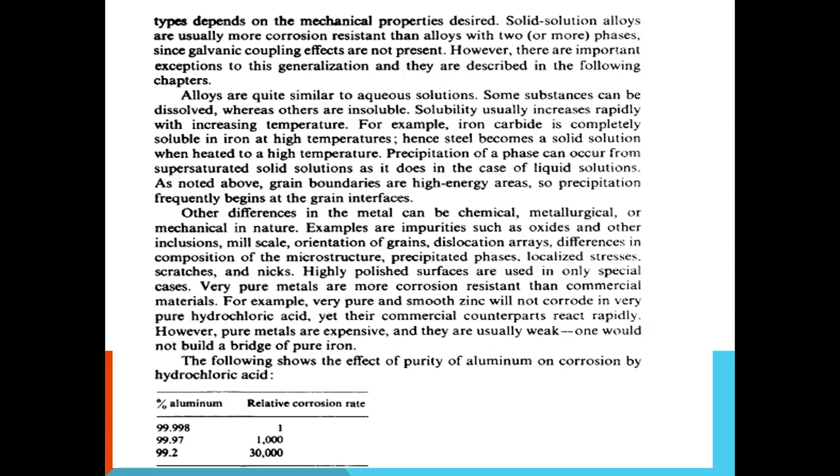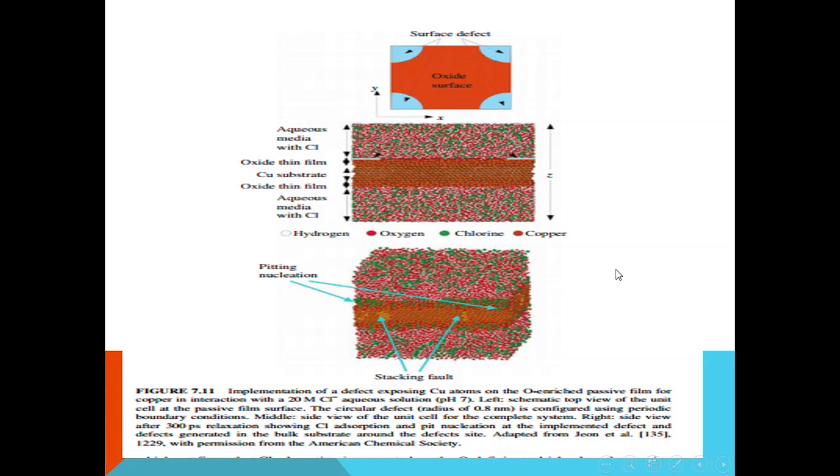At a purity of 99.998%, the relative corrosion rate is 1, but at 99.2% it is 30. Figure 7.11 shows the implementation of a defect exposing copper atoms to reaction with the chloride environment.